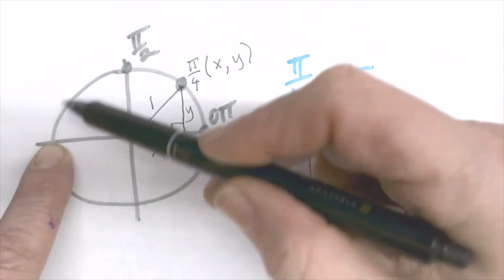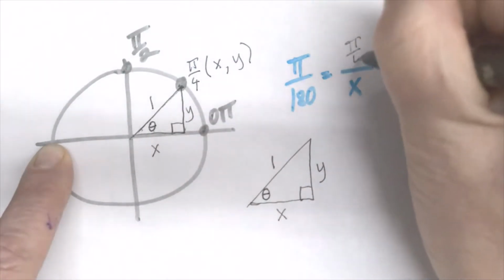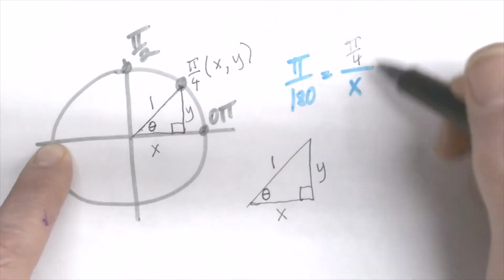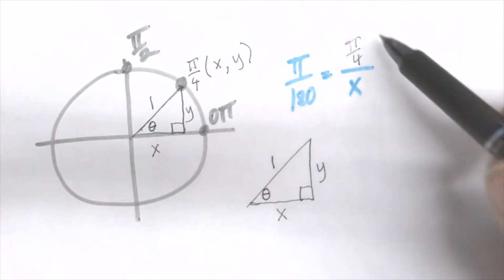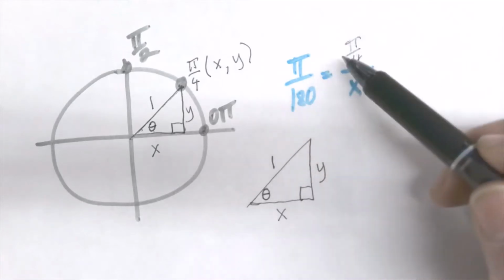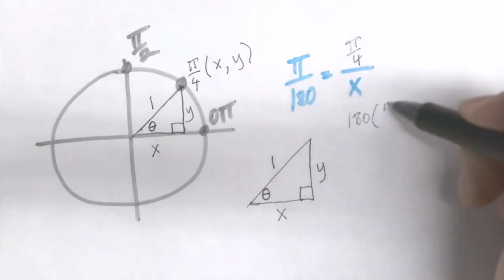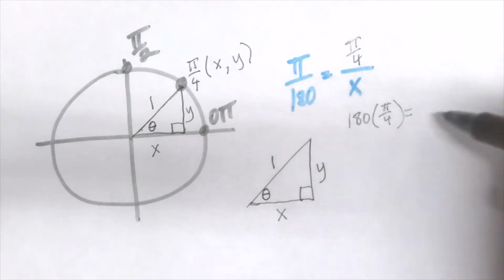So pi is to 180 as pi over 4 is to some other angle. And then I'm going to go back into, I don't know, middle school and do a proportion where I cross multiply, and I would say that 180 times pi over 4 is equal to pi times x.